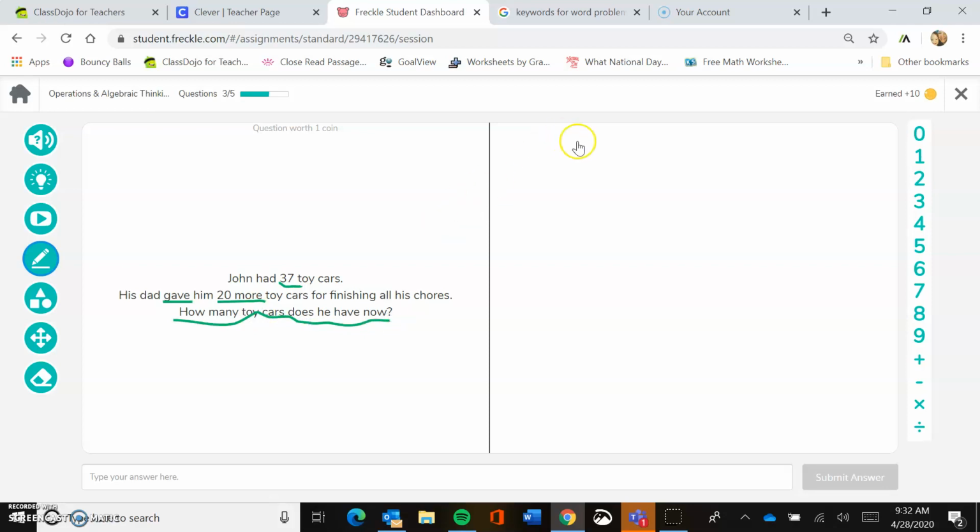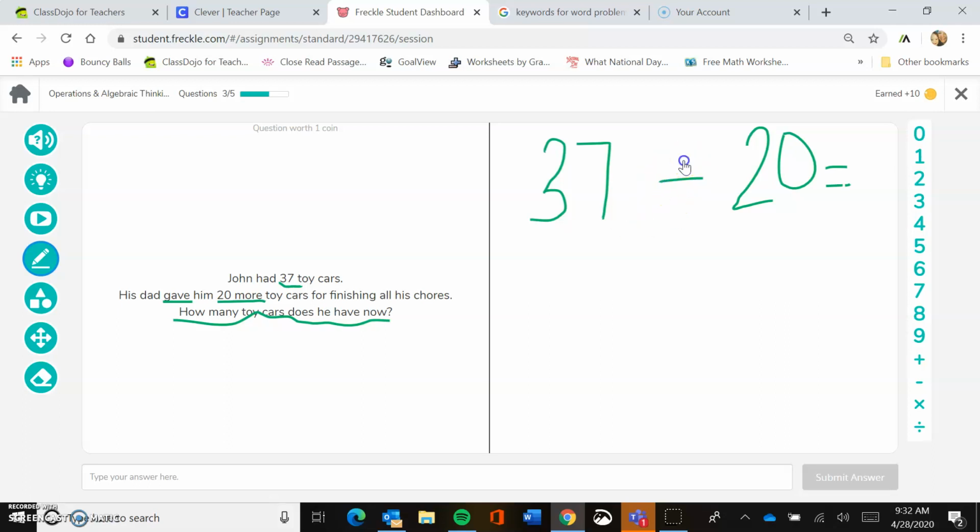Okay, so let's even write it out. He has 37. His dad gave him 20 more, and then we need to figure out how many does he have now. So what would we be doing with these two numbers? If he had 37 and his dad gave him more, is he adding cars to his collection, or is he losing cars?